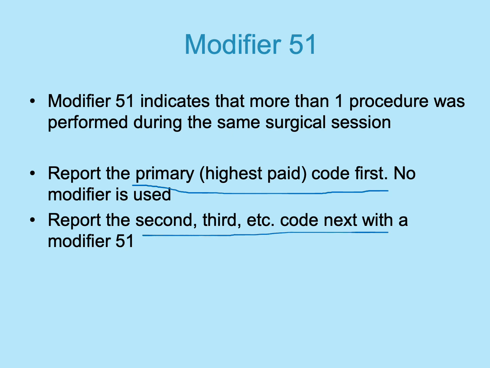Why is that? That doesn't seem fair. Well, that's because generally there's only one opening, one closing, one prepping, one pre-surgical history and exam, one follow-up. So it's not double everything. So the second, third, fourth will get paid at a slightly lesser amount. So be sure to use the primary code, the highest paying code first.